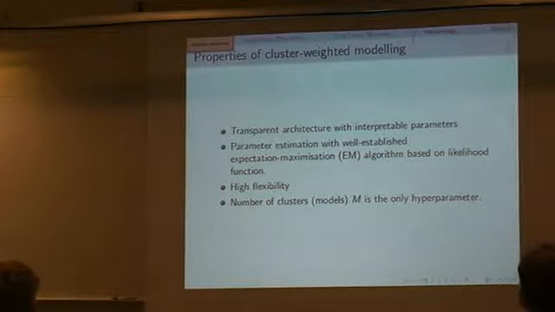This determines M. Or you could go even Bayesian, specify a prior on M and integrate it out. I think it's not really necessary. You can just do it by cross-validation or just by performance, by model output statistics.